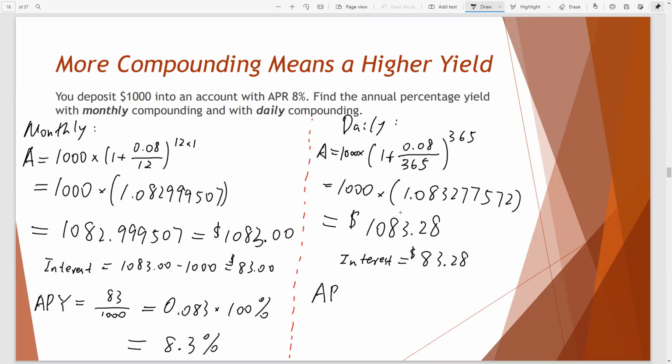Then the annual percentage yield: 83.28 over 1,000 is 0.08328, times 100%.